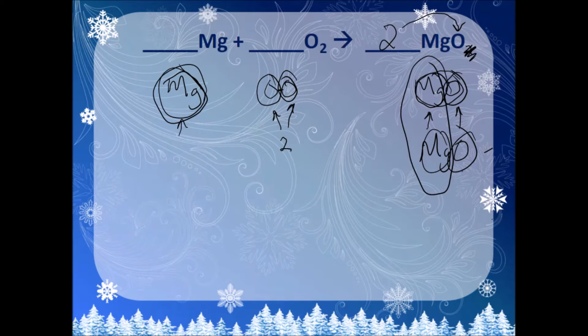I messed it up, didn't I? Okay, so what do I need to have on this side? Another Mg. So how many Mg's? 2. How many O2s? 1, and 1s are understood. How many MgOs? 2.